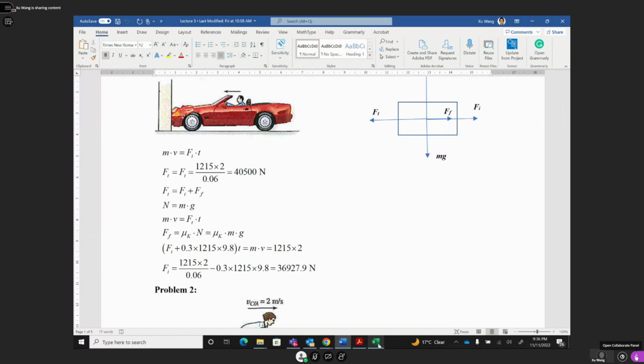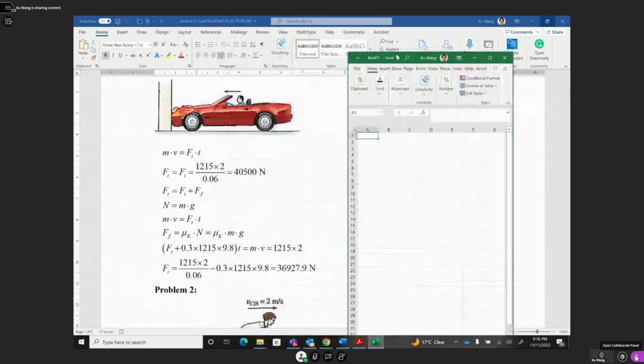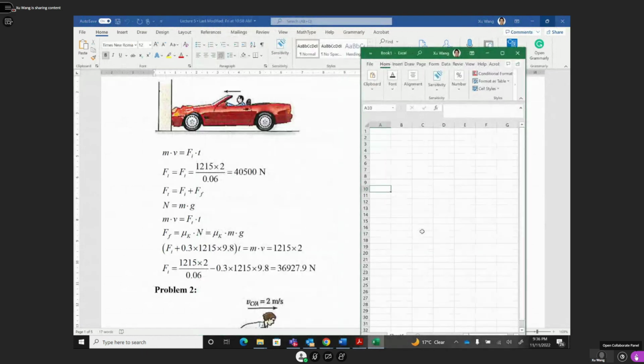You get this force, and then you calculate with a simple calculator. You can check whether your calculation is correct. So it equals 1215 multiplied by 2 divided by 0.06, minus 0.3 multiplied by 1215 by 9.8.